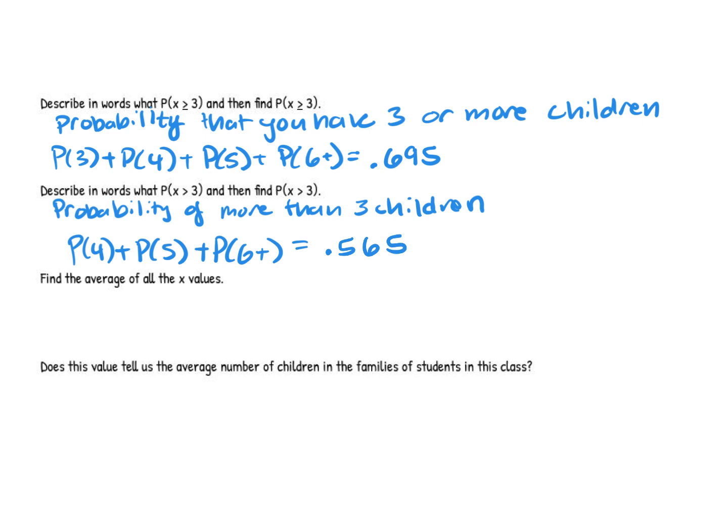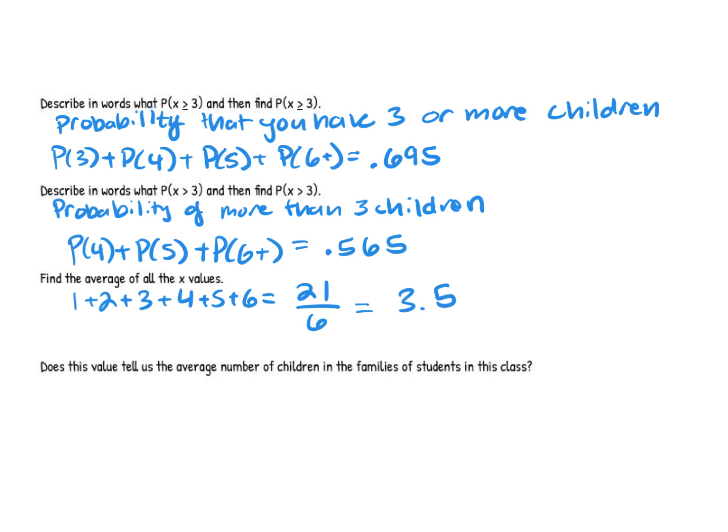Then it wants us to find the average of all of the values. So we're going to add up all of our x values. So 1, 2, 3, 4, 5, and 6. We're just going to take 6, even though that was 6 plus, just because that's all we can do. So that gives us 21. And then we divide it by our 6 numbers, which gives us 3.5.